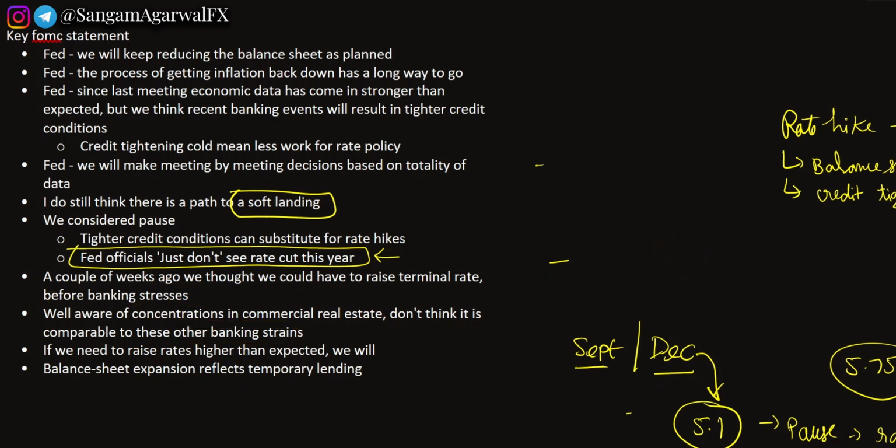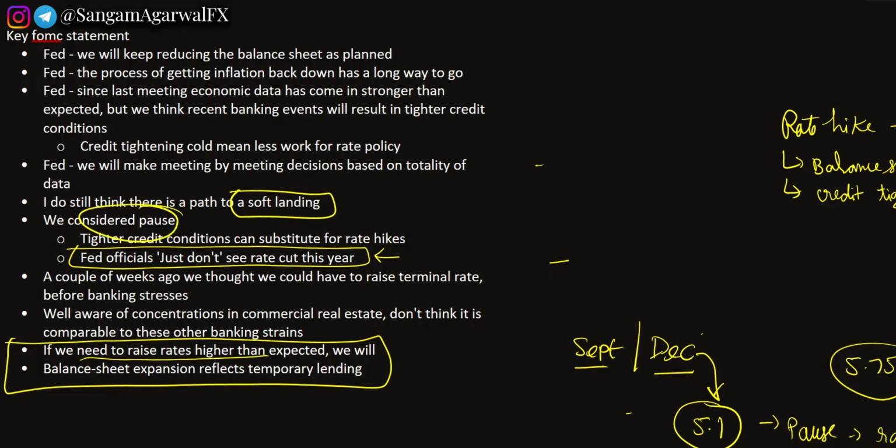And then there is the statement that if we need to raise interest rates higher than expected, then we will. On one side he is saying the terminal rate is the same as at the December FOMC meeting last year. On another side he said they consider a rate pause.